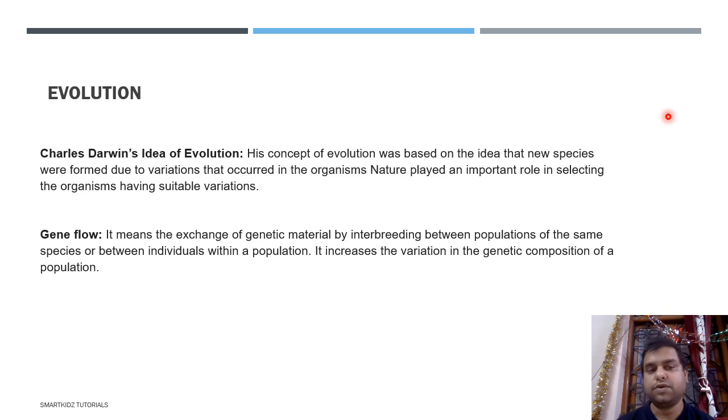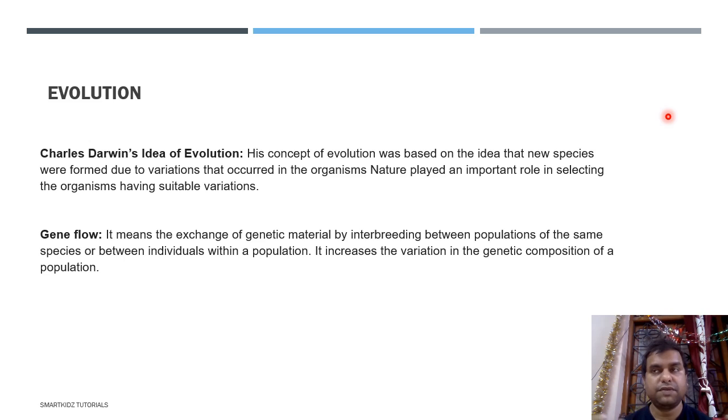An important point to note is that when we speak about migration, the flow of genes from one area to another or from one individual to another is brought about by interbreeding between two populations.